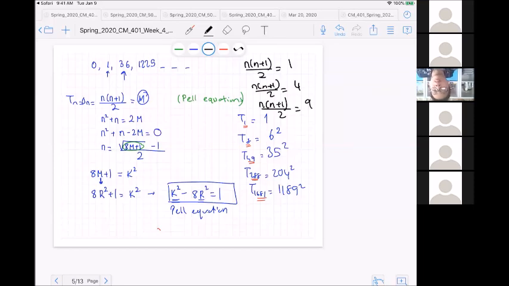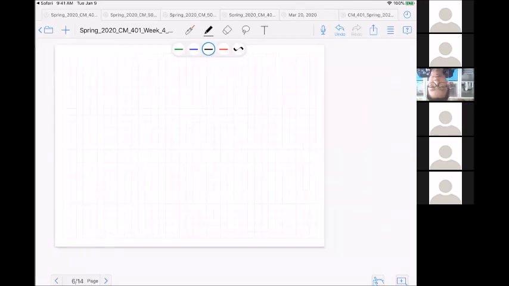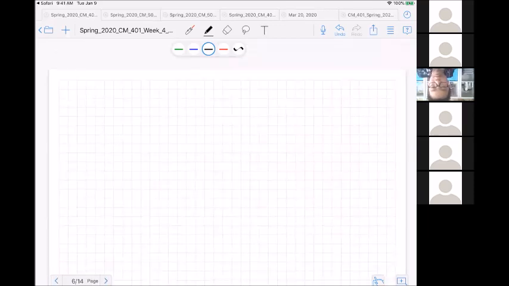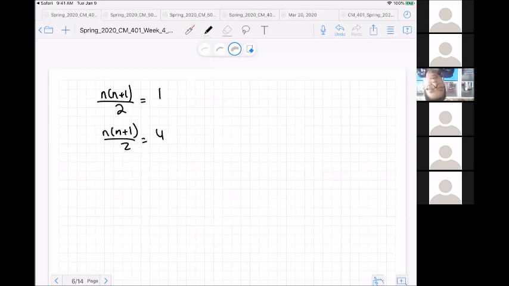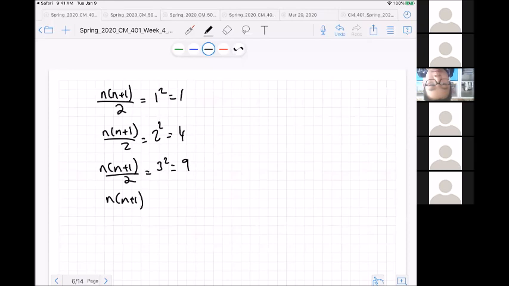Okay, guys, so what we are looking for is this. Let me do it again. I am looking for n times n plus 1 over 2. Can it be equal to 1? The perfect squares. Can it be equal to 4? Let me write it in this form: 1 squared, 2 squared, which is 4. Can n times n plus 1 over 2 be equal to 3 squared?